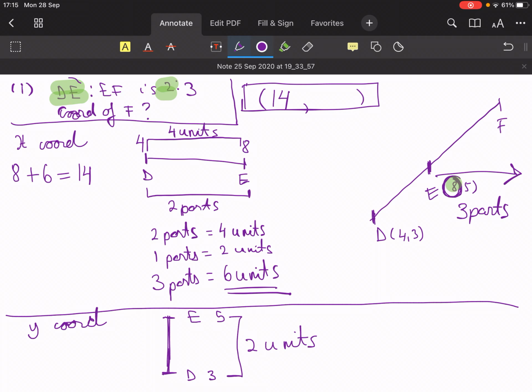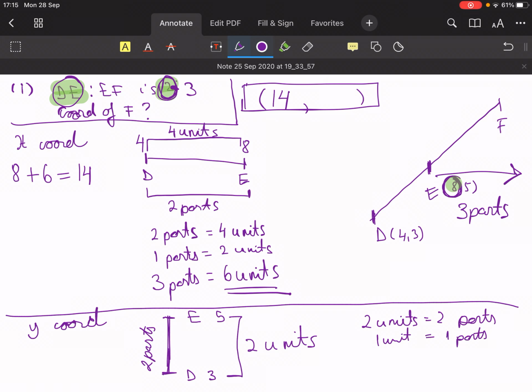Remember, we're still looking at the ratio D to E, so we're back to this, that DE is 2 parts. So this means 2 units represents, I'm going to be fanciful here and write here, 2 parts. So if 2 units is 2 parts, then 1 unit is 1 part.